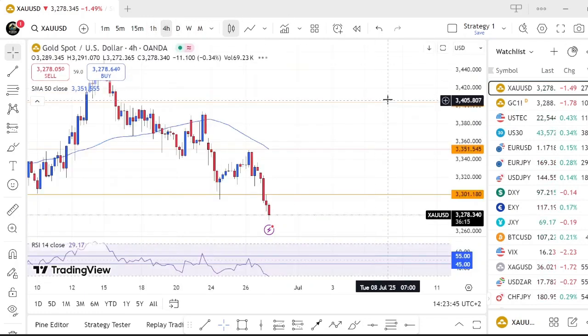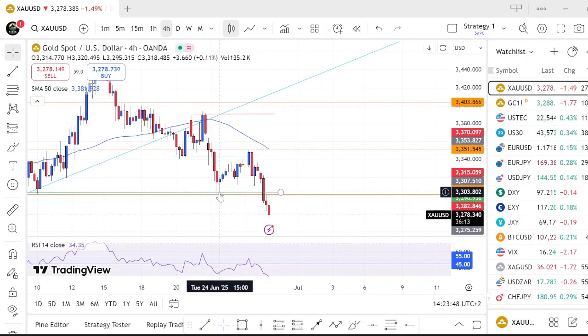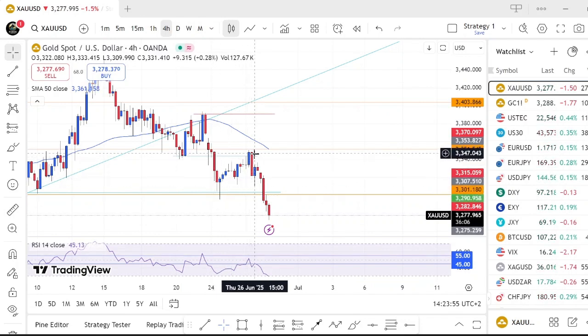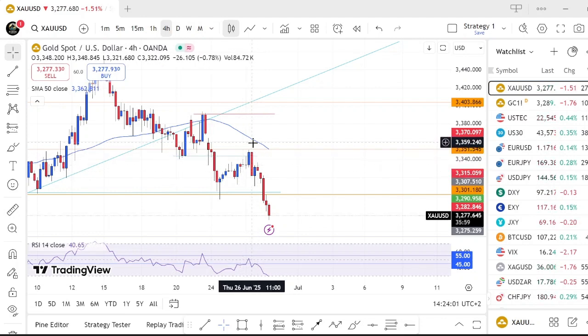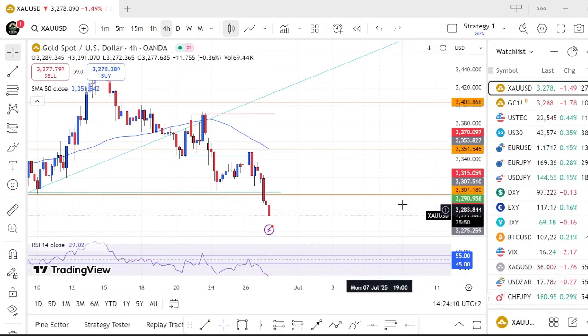Moving back to the 4-hour chart, after the bounce at the 3,300 level on Tuesday, price rallied and moved towards the break and retest level around 3,350. Price did a sharp turnaround on Thursday towards the afternoon, and the bears kicked back in, and the market has now broken below the 3,300 support marker in the early hours of the morning during the Asian session.